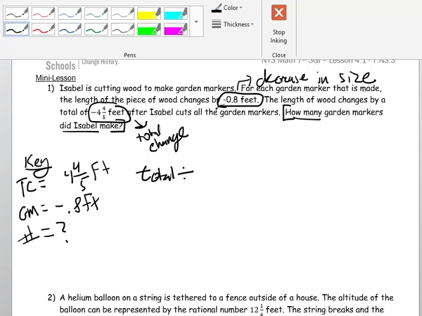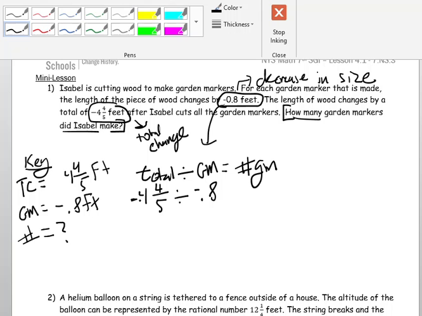The other decision I need to make is, because I have a fraction and a decimal, do I want to work with fractions or do I want to work with decimals? In this case, I want to work with fractions because I don't feel like turning a mixed number into a decimal.